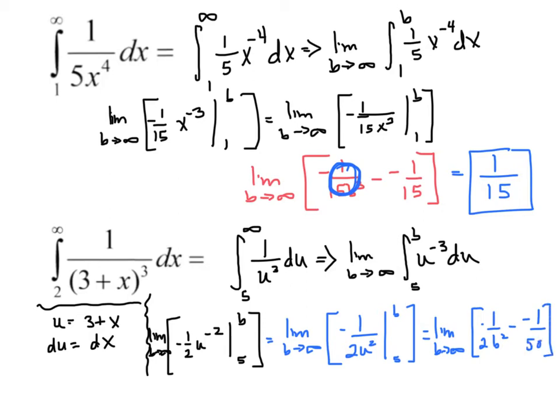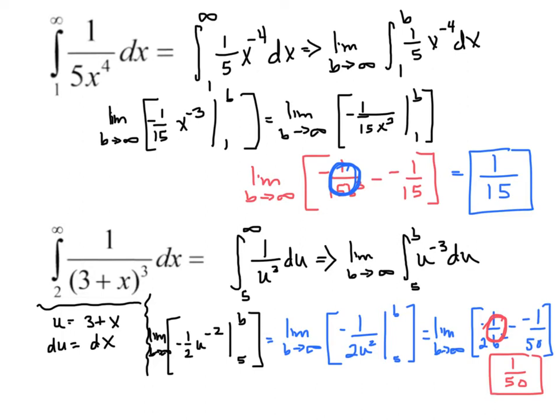Again, we're taking a limit as b approaches infinity, so as the denominator gets larger and larger, this fraction gets closer and closer to 0. 0 minus negative 1/50 is 1/50. That is the limit of our area.